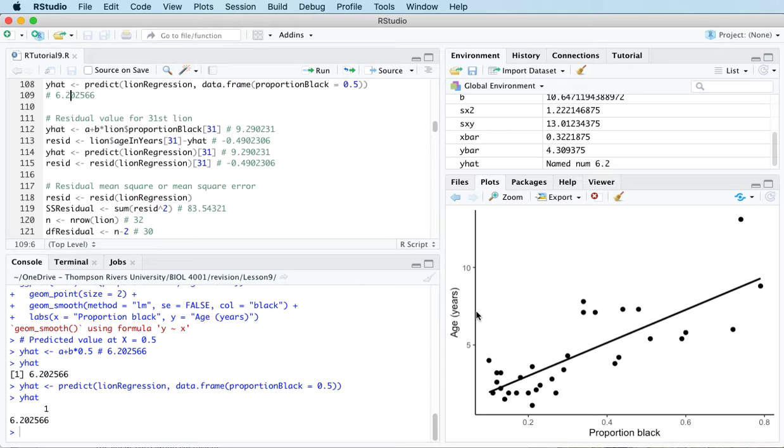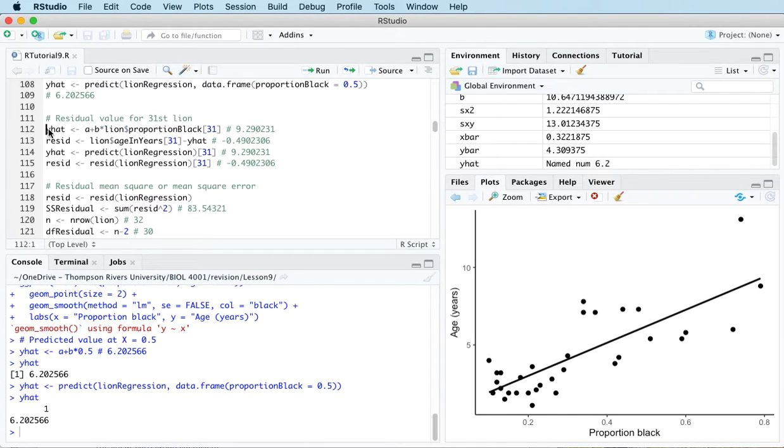It looks like it's about 7 maybe for this lion, whereas the prediction for this lion is, well, it looks like the proportion black for this lion is 0.5, and we just figured out that the prediction for that is 6.2, and so the residual would be the difference between 7 and 6.2. So the residual for this lion would be 1.2.